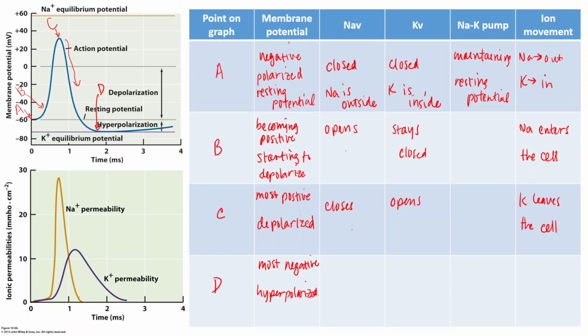So when we started at point A, we were polarized and negative. We went up to point C where we were the most positive and we were depolarized. And then between C and D, we became negative again. So we went from polarized through depolarized to hyperpolarized. So what's happening during hyperpolarization?